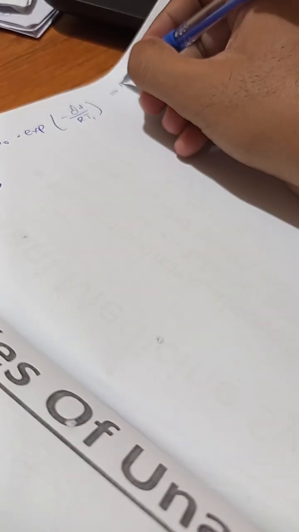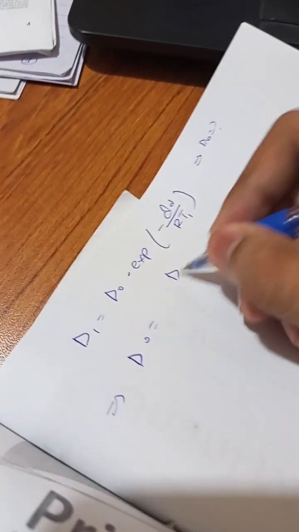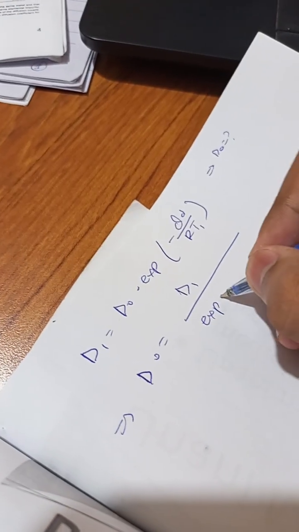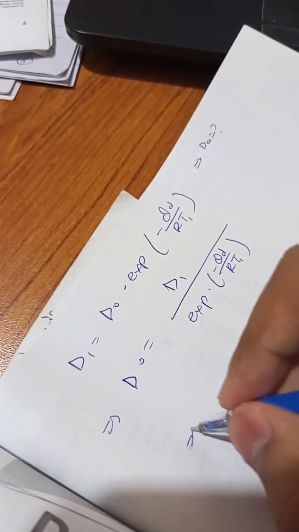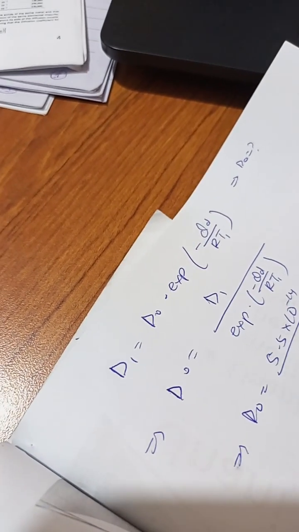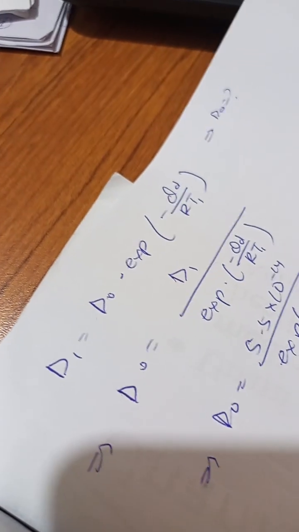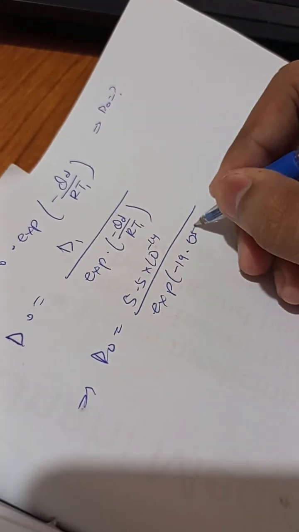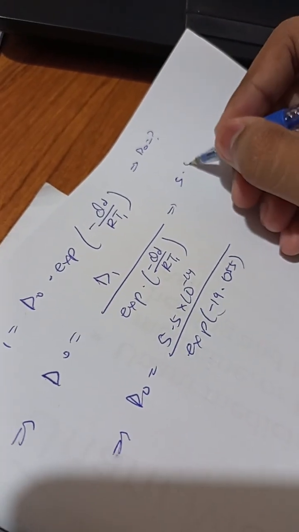We need D naught. Okay, we want to find D naught. So D naught is equal to D1 over exponential of minus QD over RT1. So D naught is equal to 5.5 exponent minus 14 divided by exponent minus 19.055. How does this come from here?